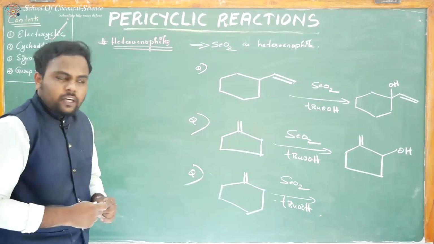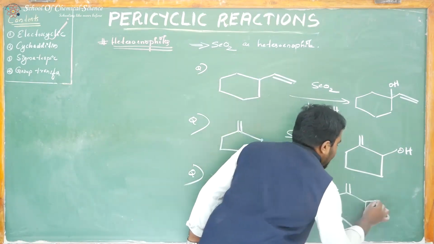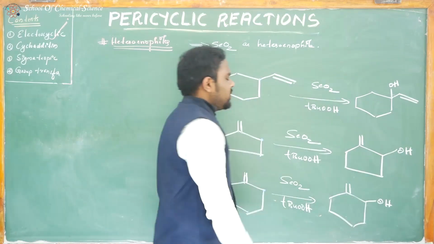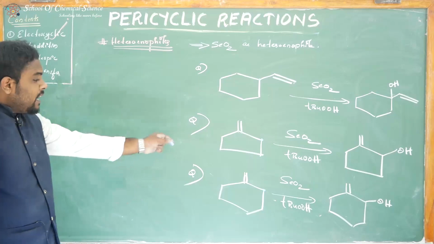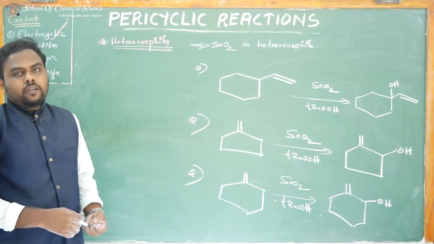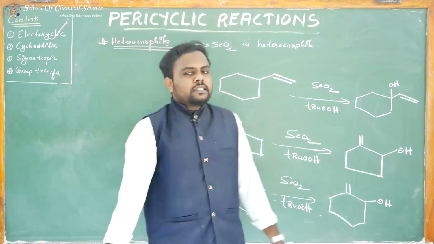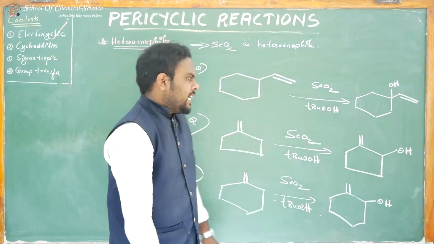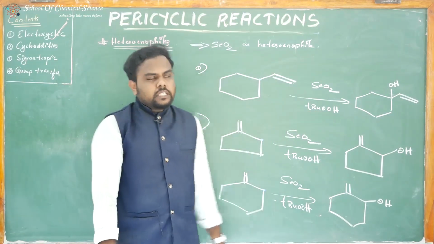That carbon contains a hydrogen. That hydrogen is oxidized to an OH. So that will be the application of the reagent. The mechanism follows two steps. First step is an ene reaction. Second step is a 2,3 sigmatropic rearrangement. So always the allylic carbon is oxidized to an OH.